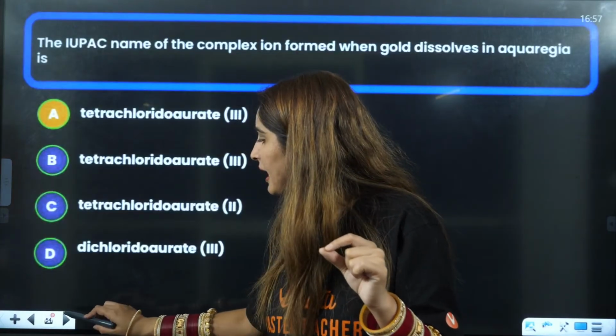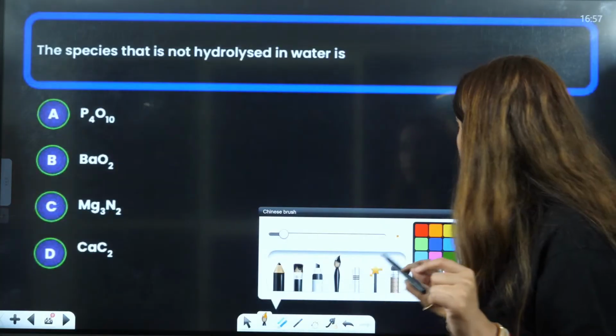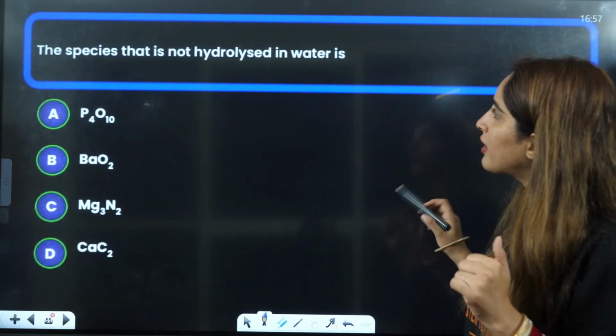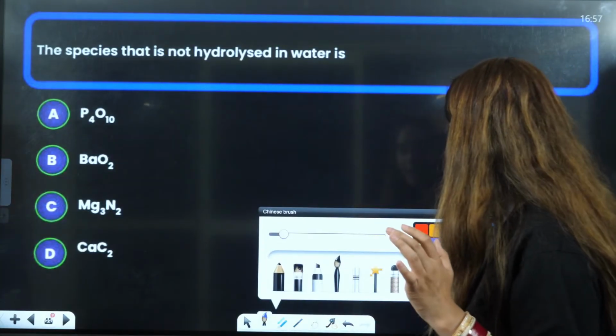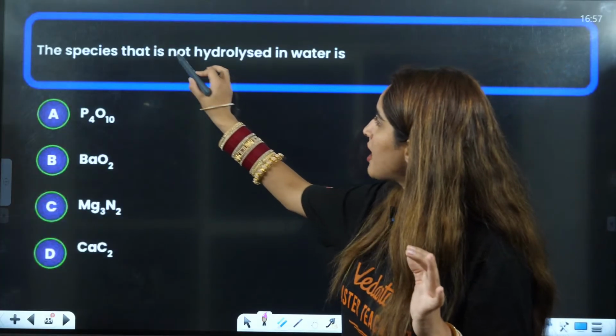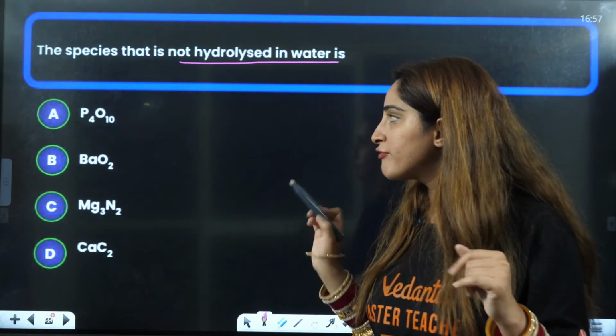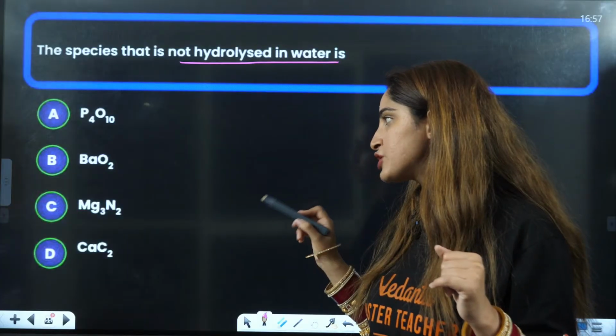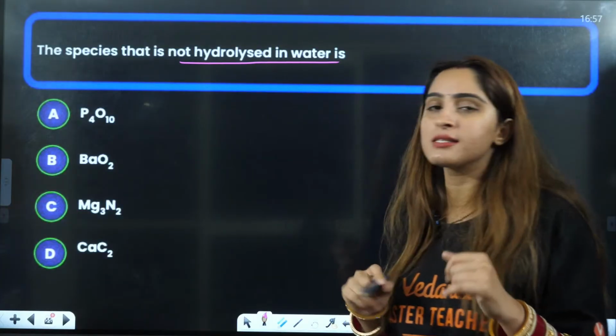Okay. Next is the species that is not hydrolyzed in water. The options are P4O10, BaO2, Mg3N2, and CaC2.